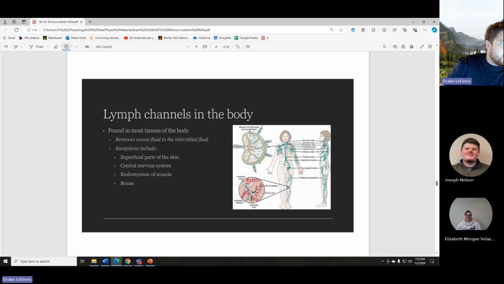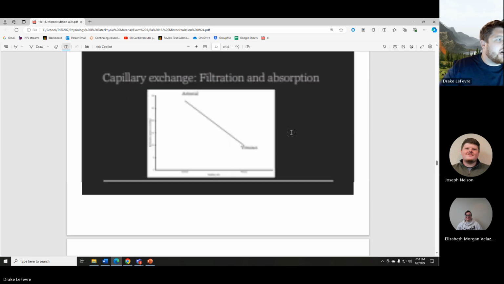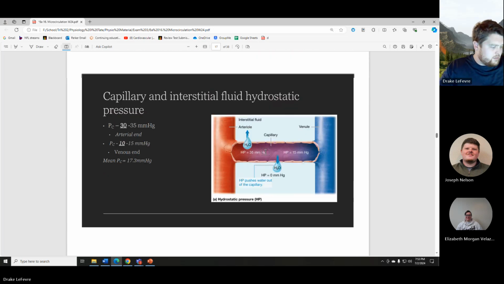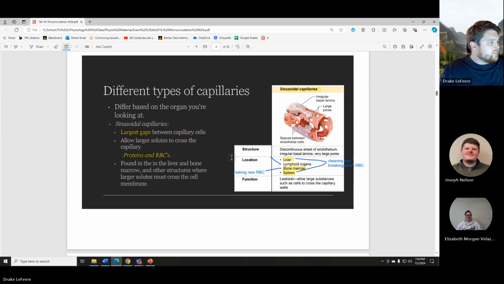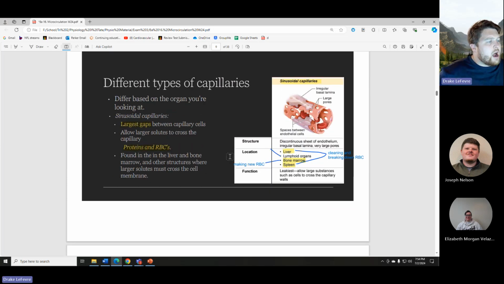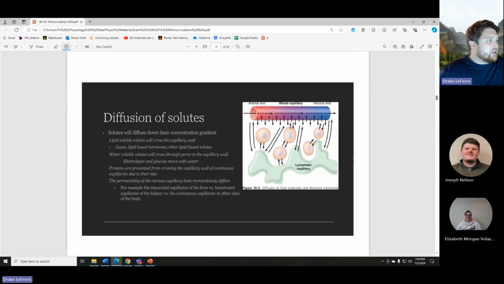And we have our separate little lymph vessels that bring the lymph all the way back up to the top, and it drains into the subclavian veins. So we'll look at that a little bit later on. Okay, those are our sinusoidal capillaries.